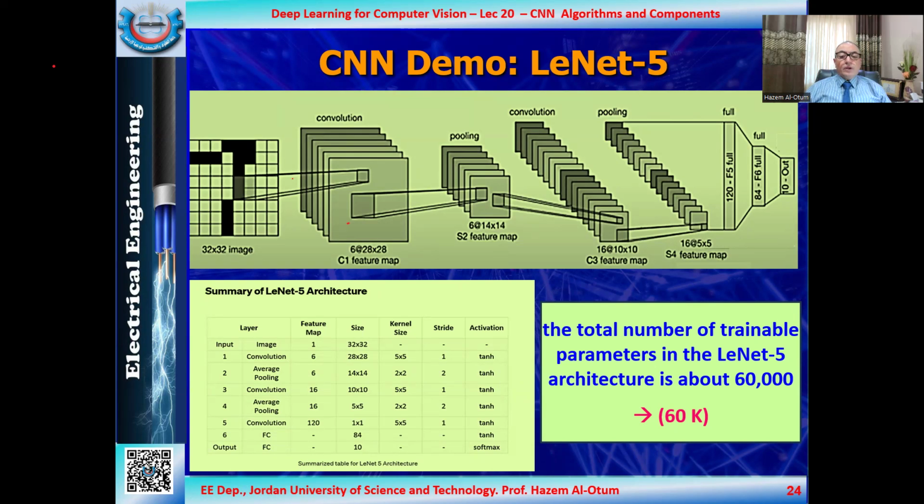Usually, the convolution is the main part that defines the total number of trainable parameters. Nowadays, you may get some systems that have trainable parameters approaching 12, maybe 20, maybe more megas, or maybe now we're approaching in some systems hundreds of megas of trainable parameters in deep learning CNN networks.